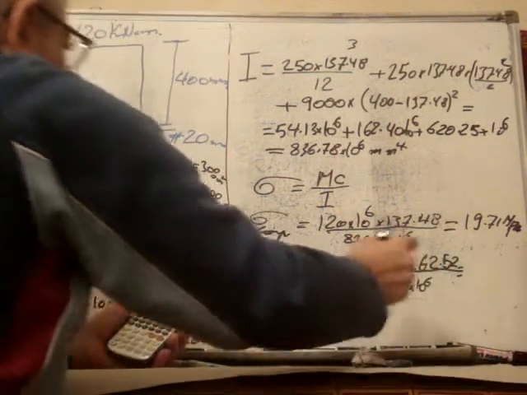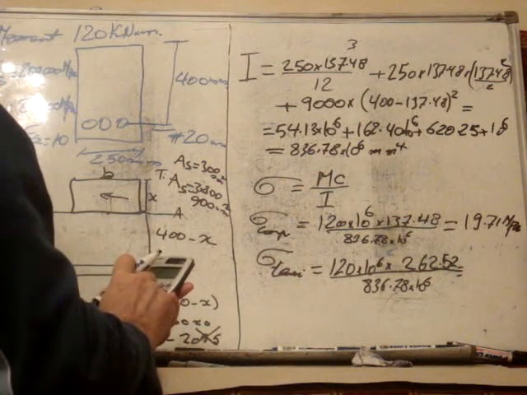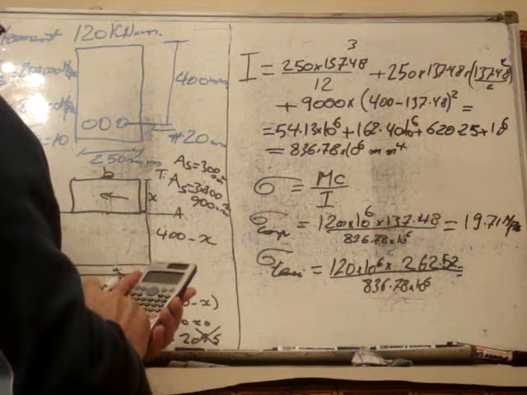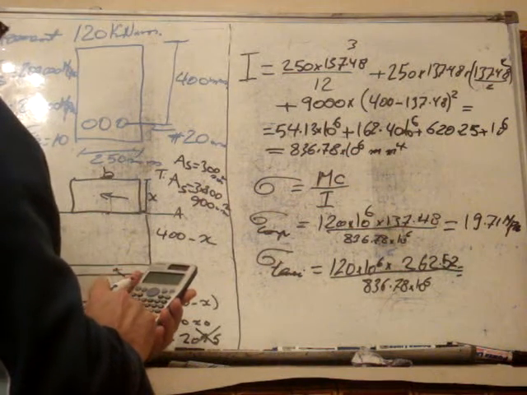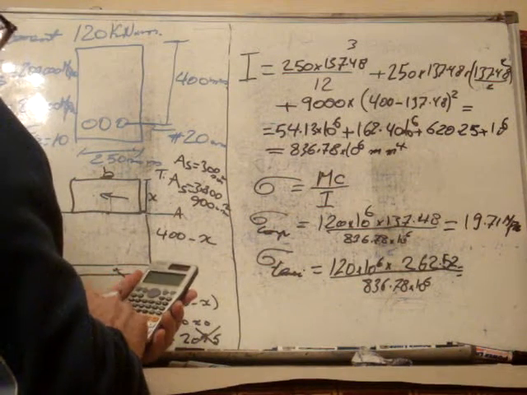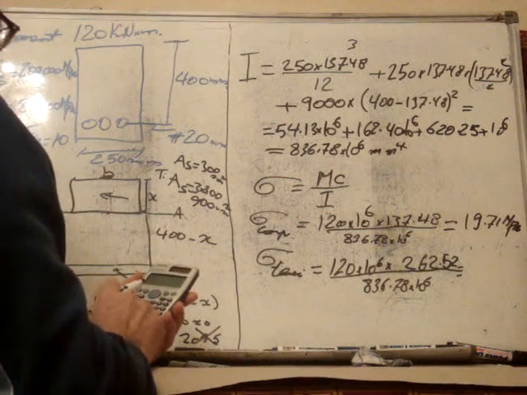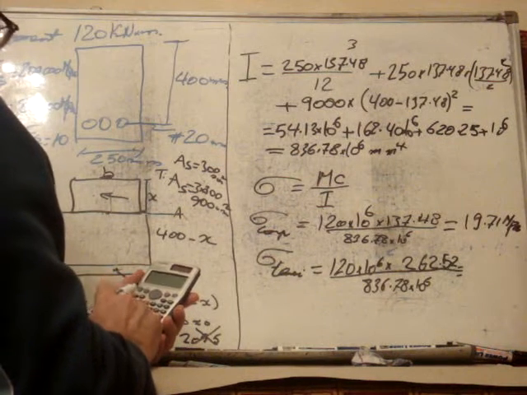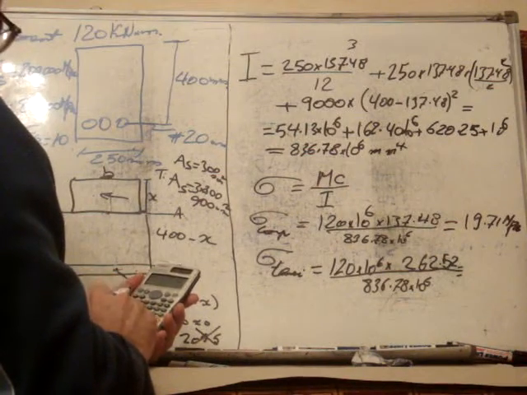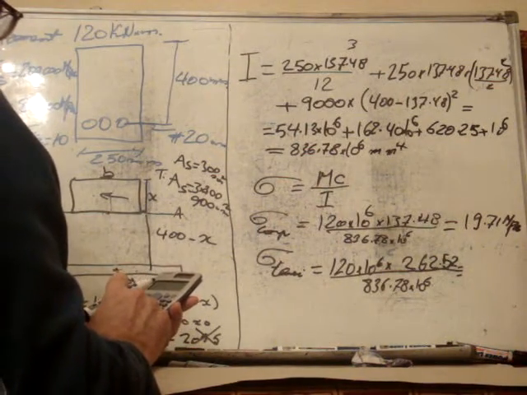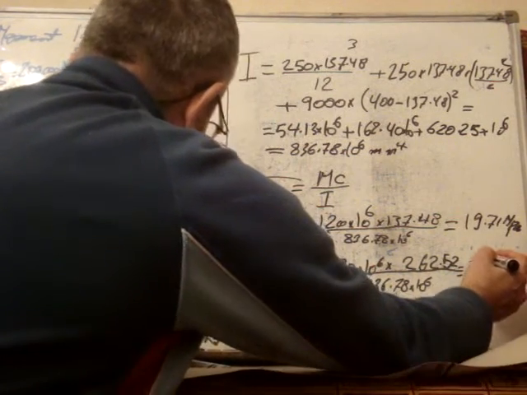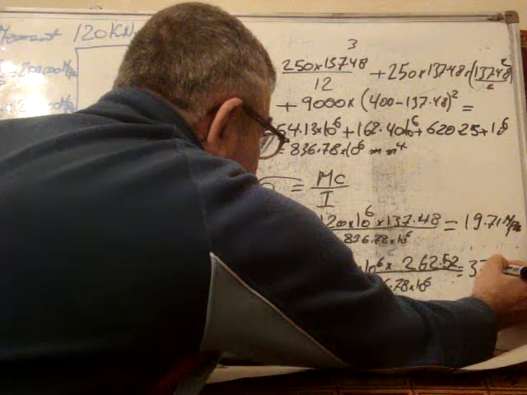We eliminate million up and million down, and we get 120 times 262.58 divided by 836.78, and we obtain 37.65 megapascal.